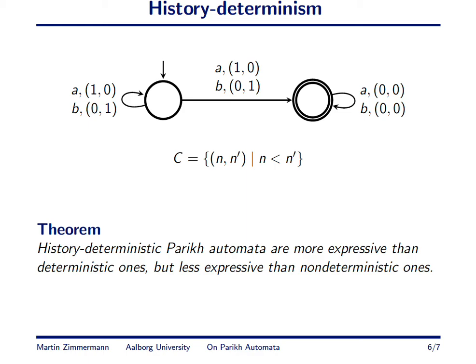So they sit strictly in between the deterministic and non-deterministic Parikh automata, and also have some nice closure properties that you can exploit. So we have found a new class of quantitative automata with some nice properties that strictly extends the class of deterministic Parikh automata.